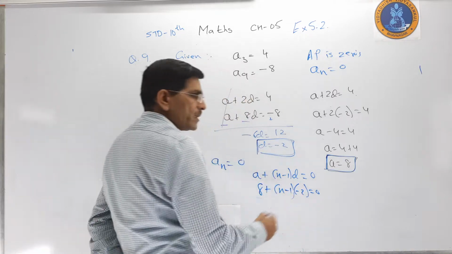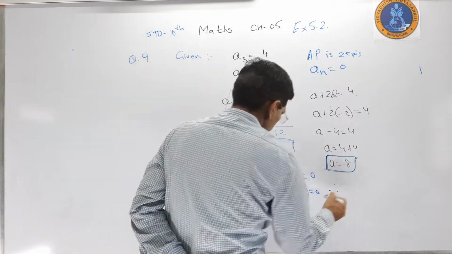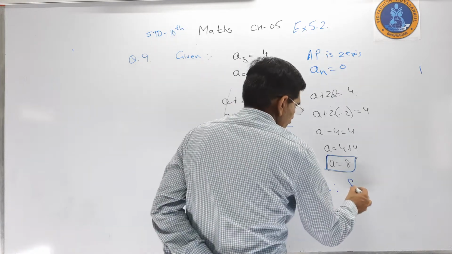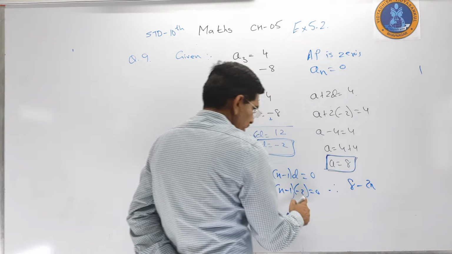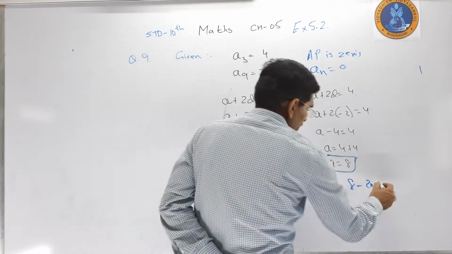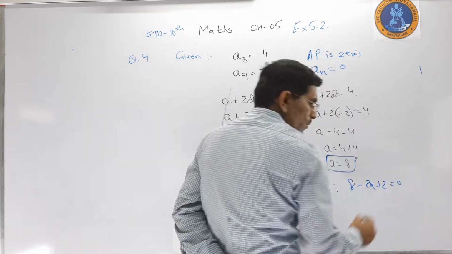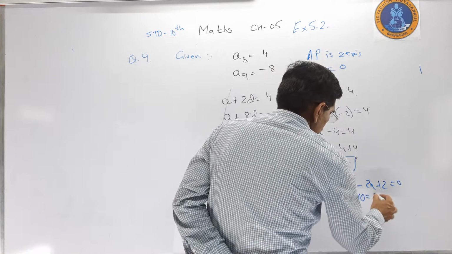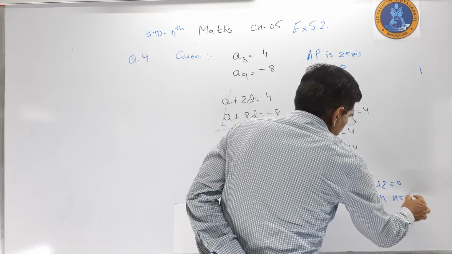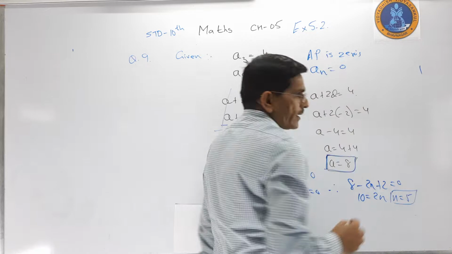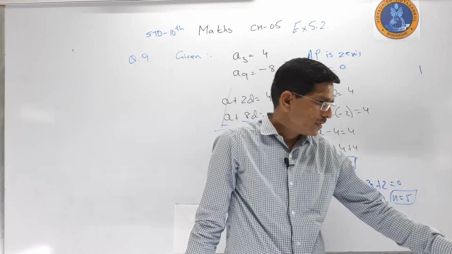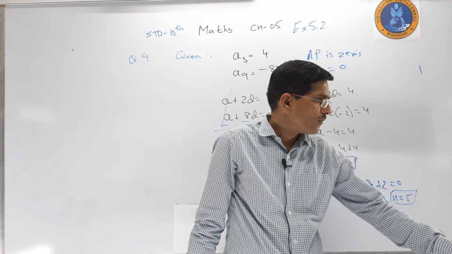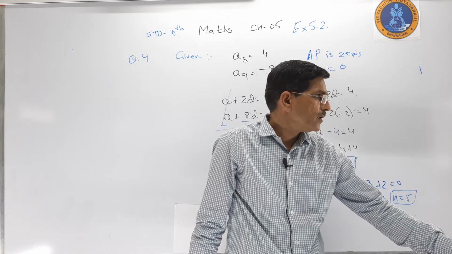Now if I open the bracket, 8 minus 2n, minus 2 into minus 1 plus 2 is equal to 0. So 10 is equal to 2n, therefore n is equal to 5. So the fifth term of the AP must be 0.